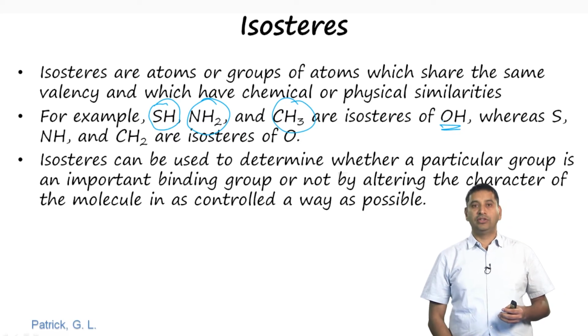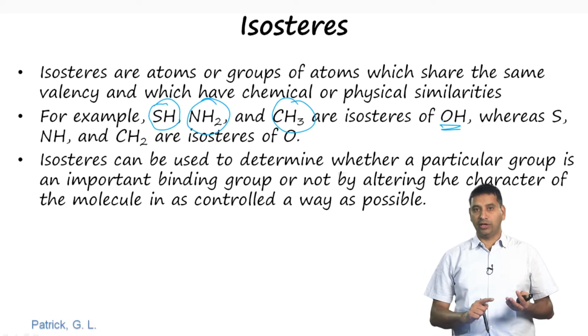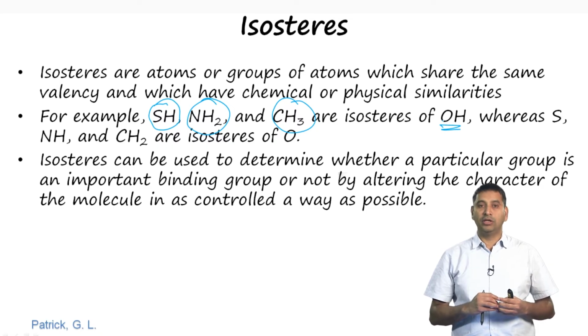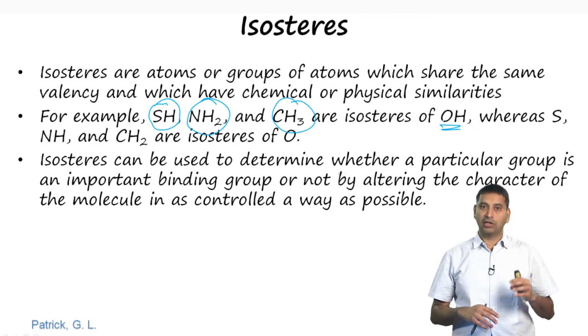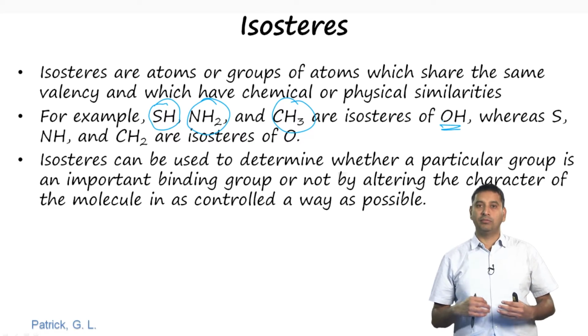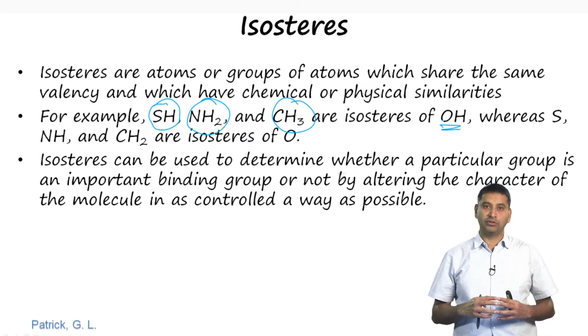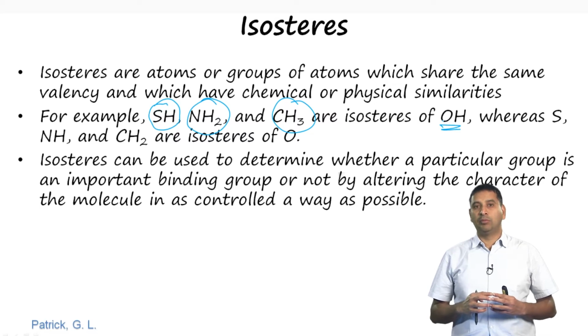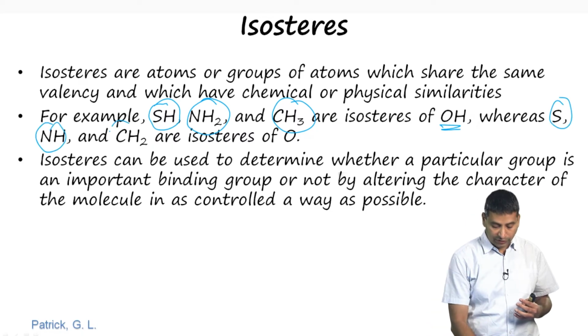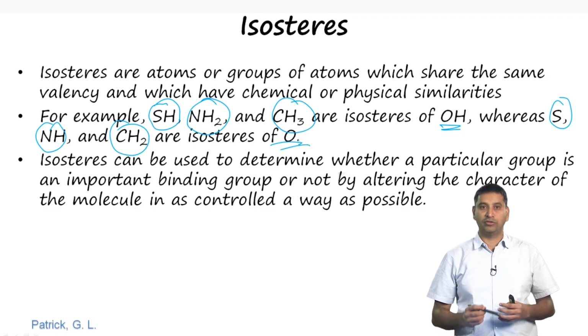If you see the similarity, you have an oxygen attached to hydrogen, and therefore you can think about a thiol, which is a sulfur based molecule, or an amine, which is a nitrogen based molecule, or a methyl group, which is a carbon based molecule, and they all have hydrogens attached to them, and these can potentially act as isosteres of alcohols. Whereas, if you think about an ether such as ROR, here a sulfur, NH and CH2 would be the isosteres of oxygen.